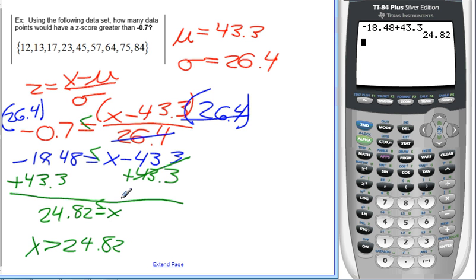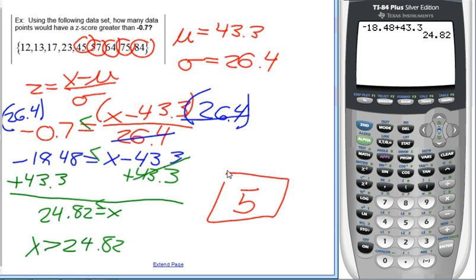So if I go back to my data, I can see, okay, greater than 24, that's greater, greater, greater, greater. So I have 1, 2, 3, 4, 5. So my answer is going to be 5 because it's asking how many have a z-score greater. 5 data points have a z-score greater than negative 0.7.